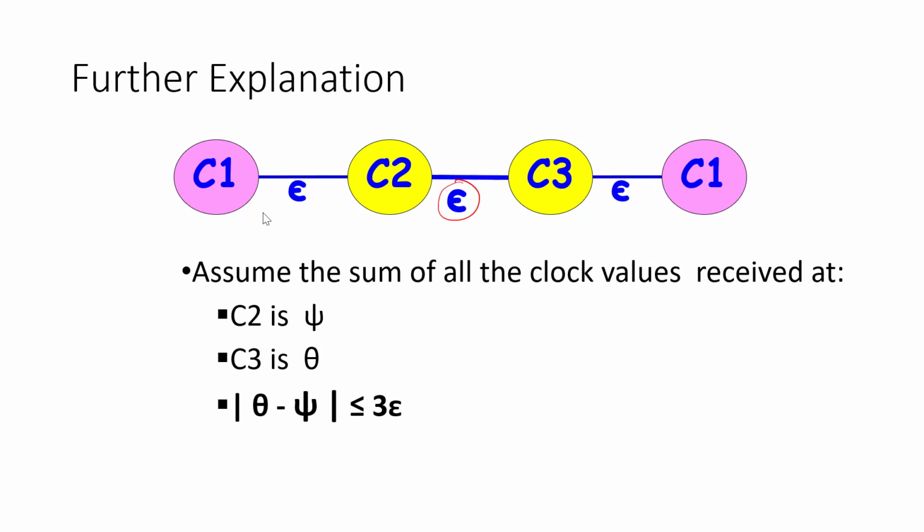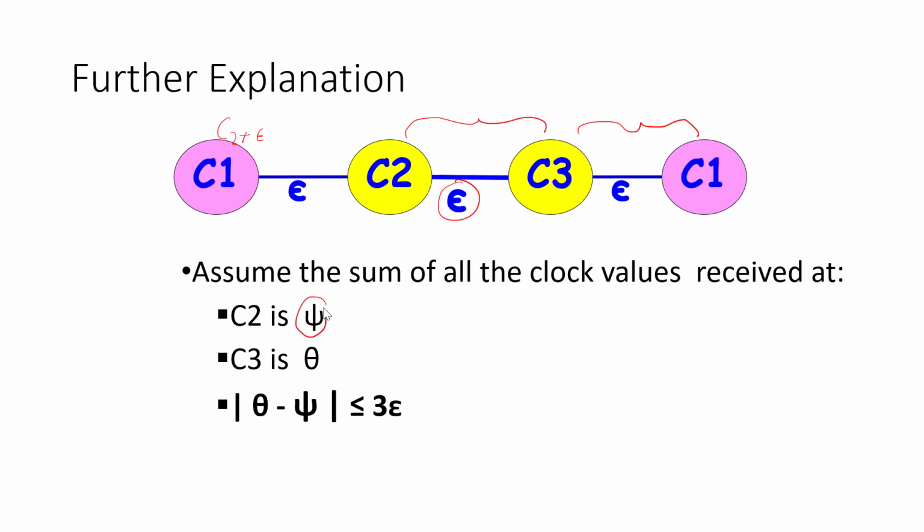This is exactly the way in which the values are being transmitted: C1 tells C2 that its value is C2 plus epsilon. So this difference is genuine. And again, this difference is created because the Byzantine clock is lying. It is not speaking the truth to both the nodes C2 and C3.